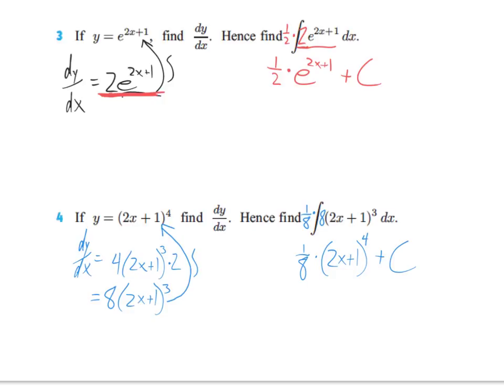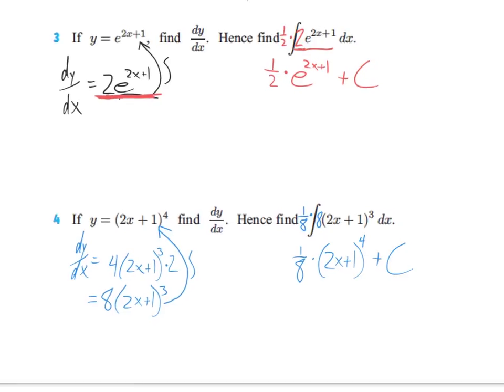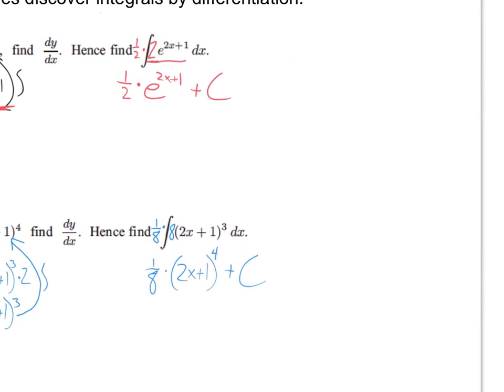Okay, now I want to use this one here as a little example of why we didn't bother with the plus c when we were doing the fundamental theorem of calculus with a definite integral. Let's suppose I was taking the integral from 1 to 5 of (2x plus 1) to the 3rd dx.